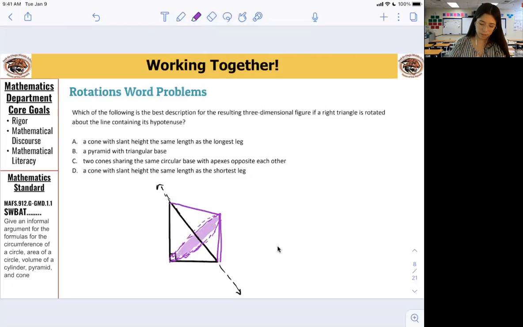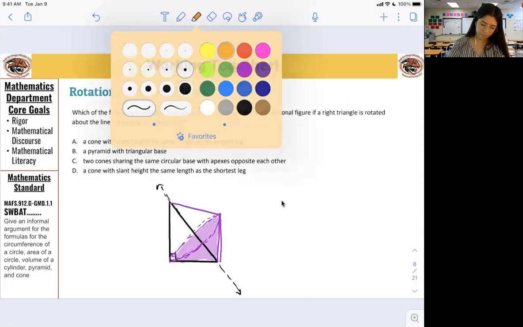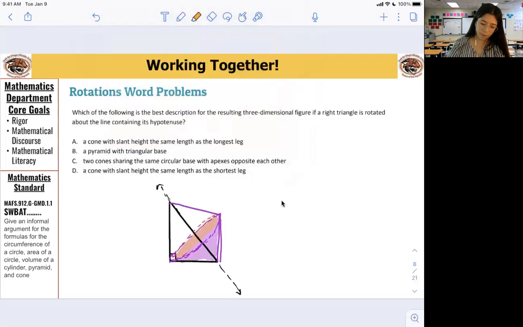So here's one cone, and then the other one's on the top. So see what I said before? I showed you guys the basic ones. Well, sometimes you're going to get slightly more challenging questions like this one, and the best thing to do is to draw it out and then try to visualize it. So we end up with answer choice C.